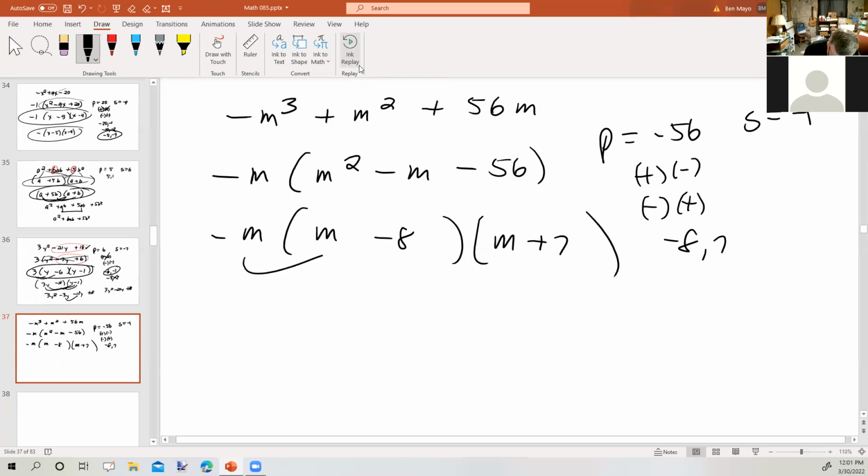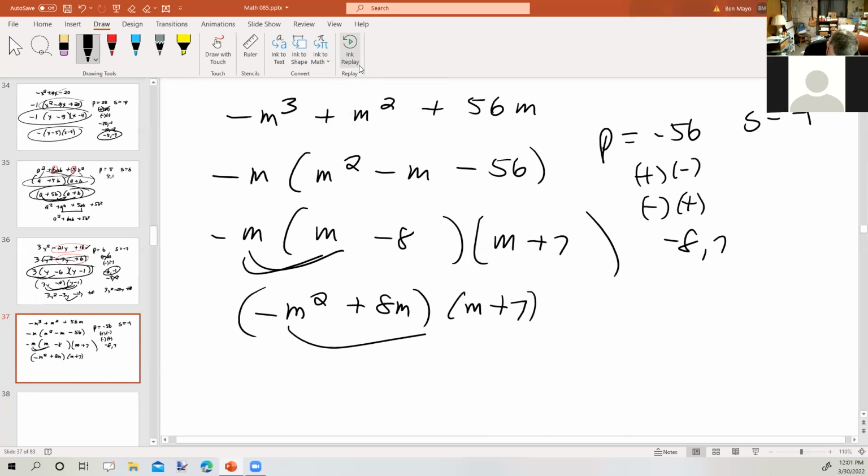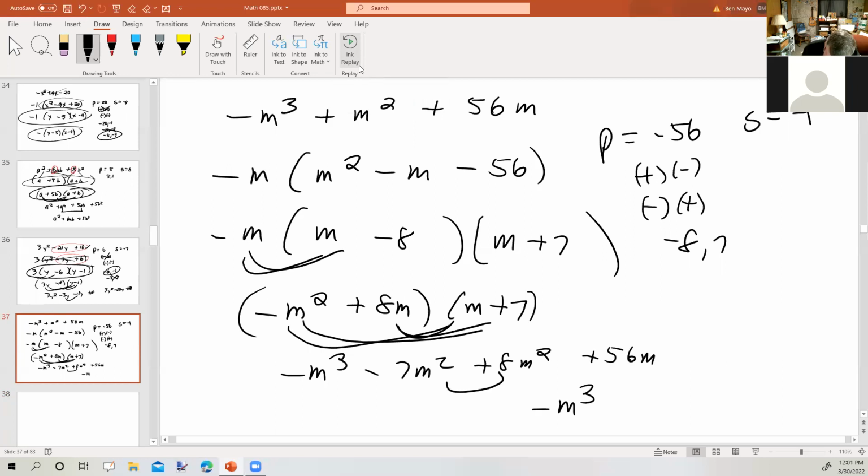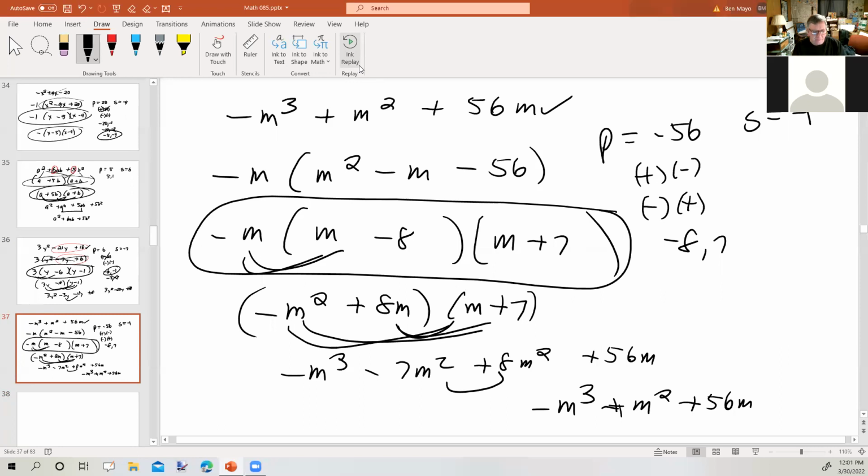To check our work, negative m times m minus 8, all of that times m plus 7: negative m cubed minus 7m squared plus 8m squared plus 56m, combine like terms, negative m cubed plus m squared plus 56m, and it checks. So here is the final answer. Any questions there?